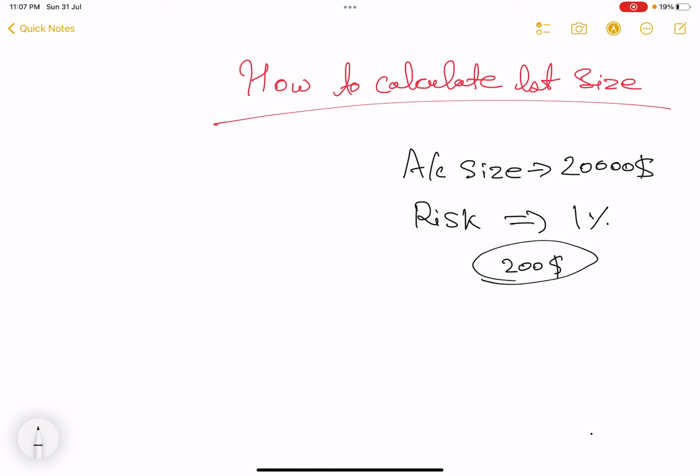Per trade I will be risking $200. Now if I want to risk $200, what will be my lot size, so that I can only lose $200 if the market hits my stop loss?